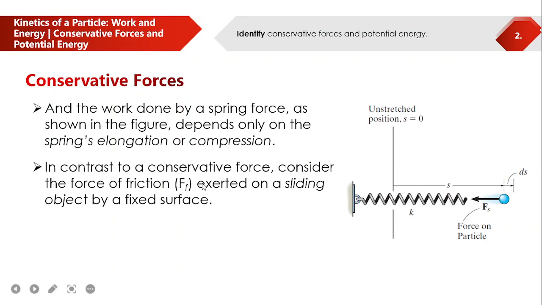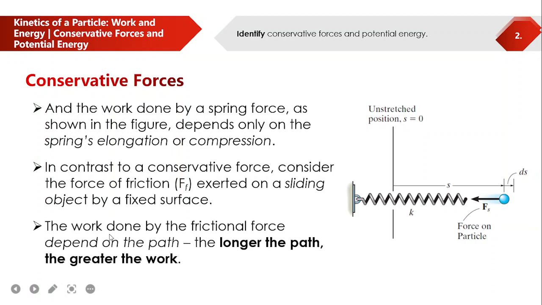Okay? In contrast to conservative force, consider the force of friction F sub F exerted on the sliding object by a fixed surface. So the friction force, in contrast to the conservative, the work done by the frictional force depends on the path.